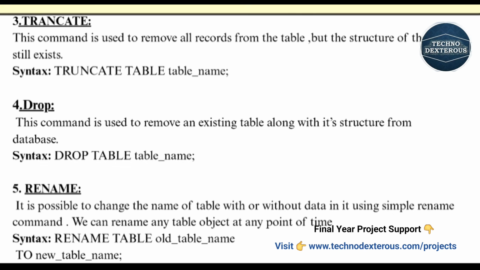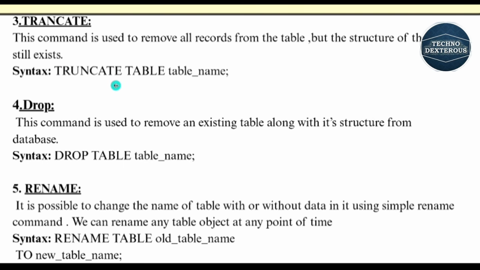Truncate table. This command is used to remove all the records from the table. But the structure of the table still exists when we delete the records. The syntax of truncate table is: truncate table, table name.